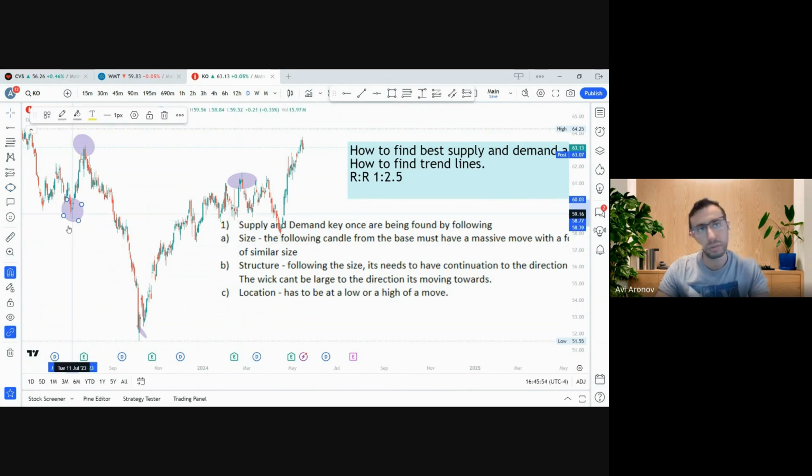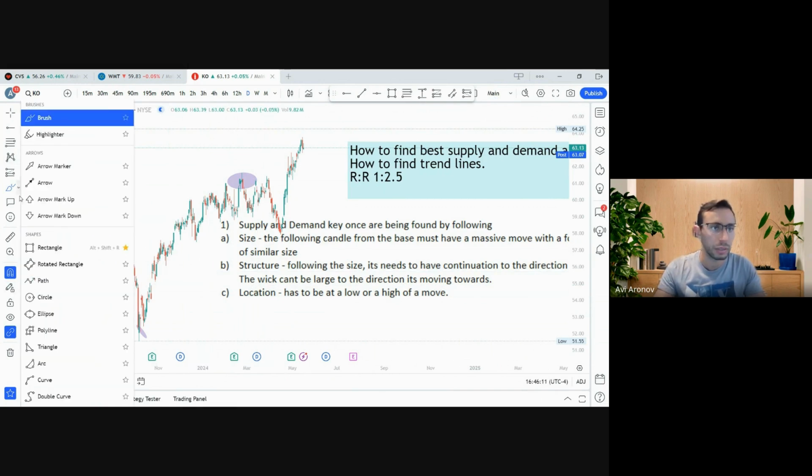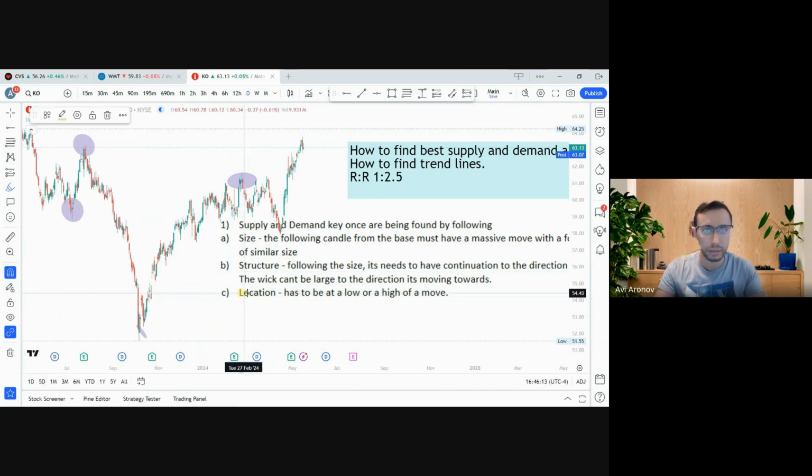So those are the pivots of the low, not in the middle of the move. So location is key. We understand that, right? Location is key. Highlight.